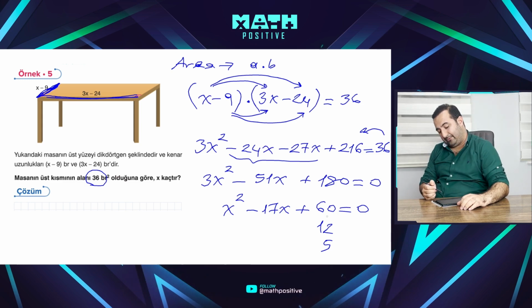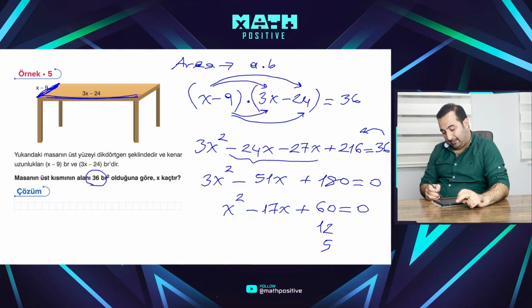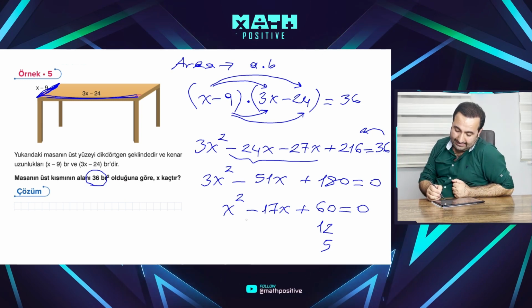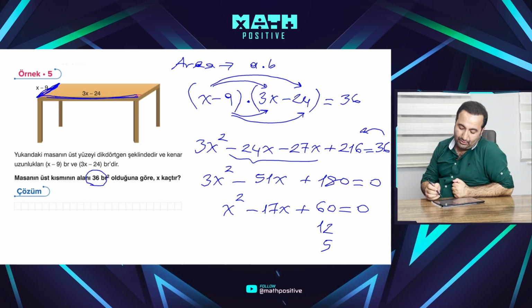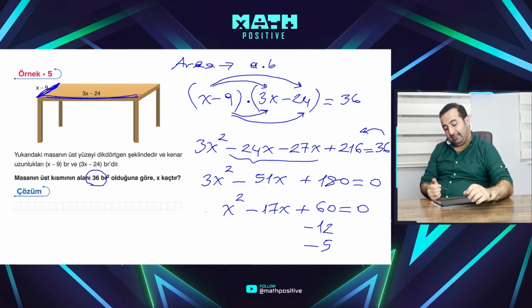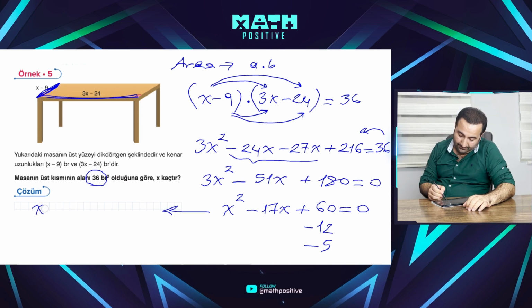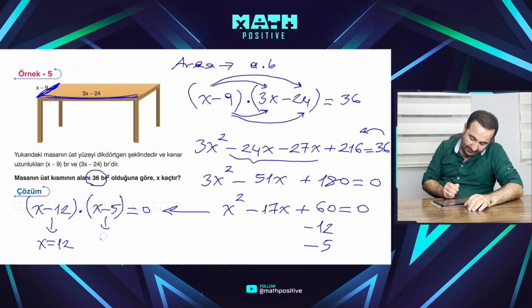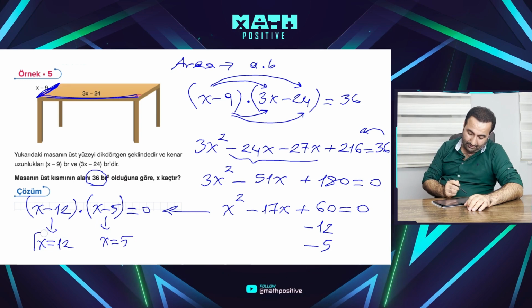Yes, 12 and 5, which if we multiply these two numbers, we will get 60. And if we add the two numbers, we will get 17. But our middle term is minus 17. Then these two should be minus 12 and minus 5. Then our factorization is x minus 12 times x minus 5 equals 0.